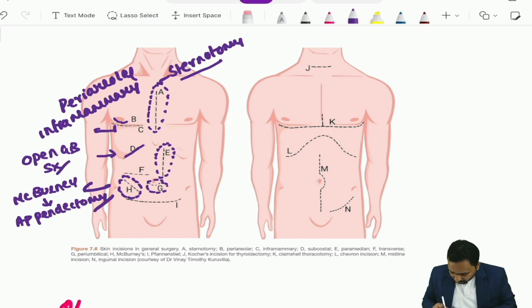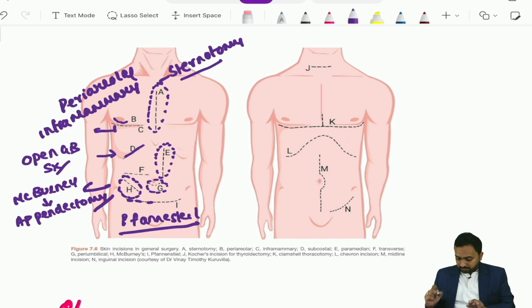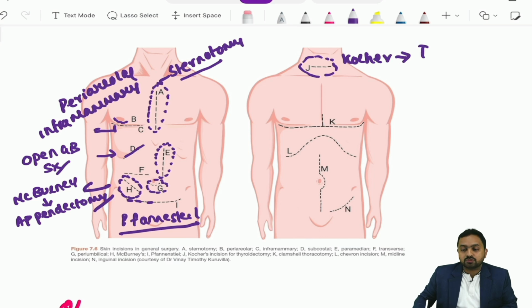Now we have your Pfannenstiel incision, which is used in your gynecological procedures. Then we have your Kocher's incision. Now this incision is used for your thyroidectomy.